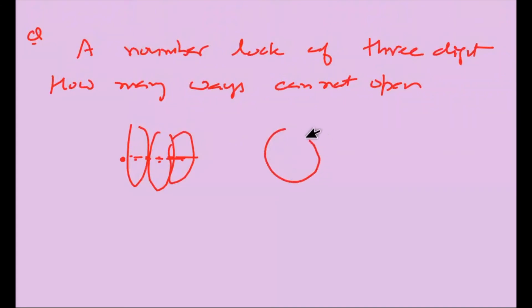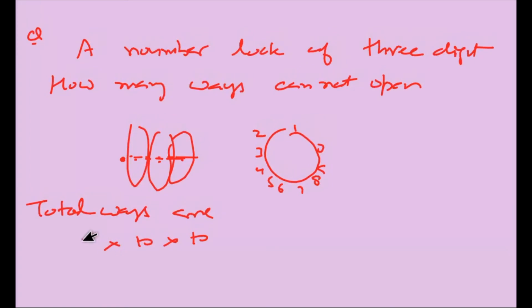And on a circle there are 0, 1, 2, 3, 4, 5, 6, 7, 8, 9. There are 10 numbers. So the lock can be opened or not opened. The total ways are 10 into 10 into 10, 1000 ways.